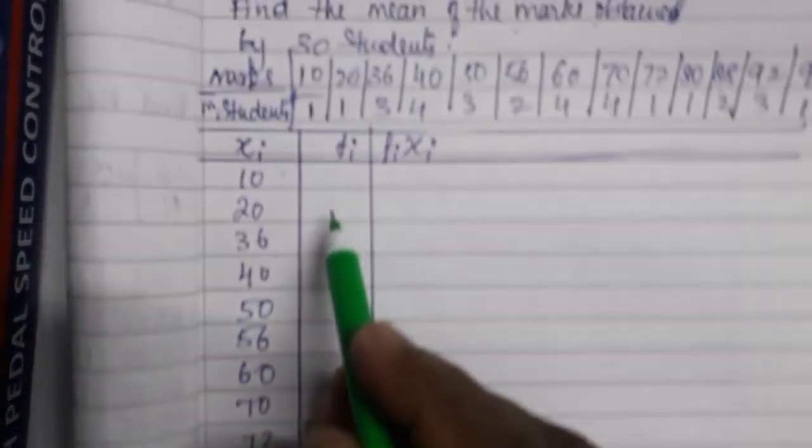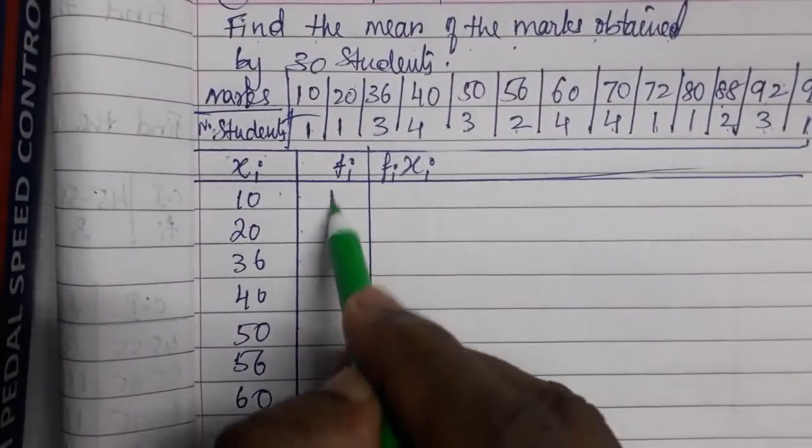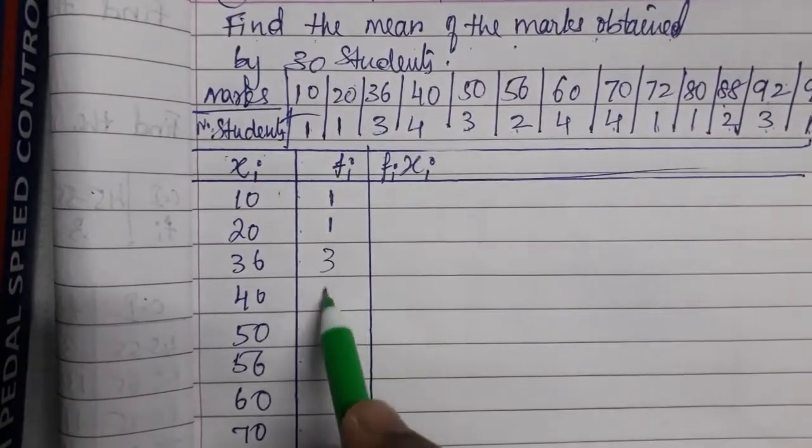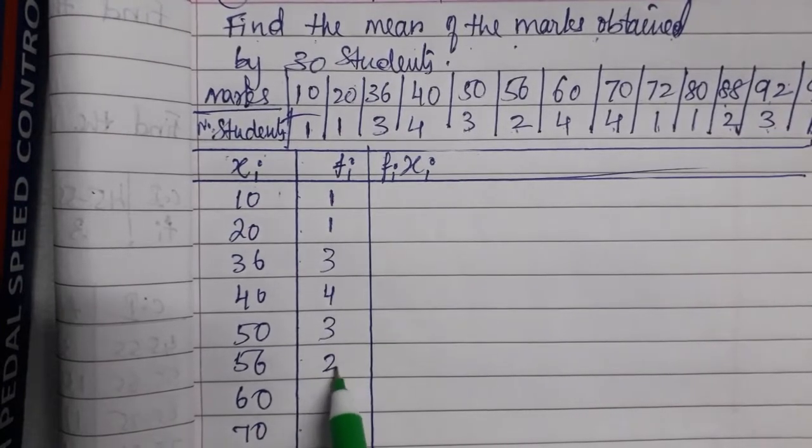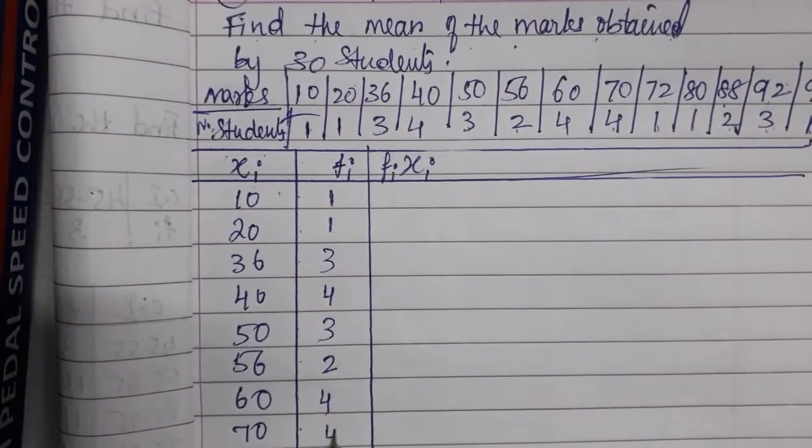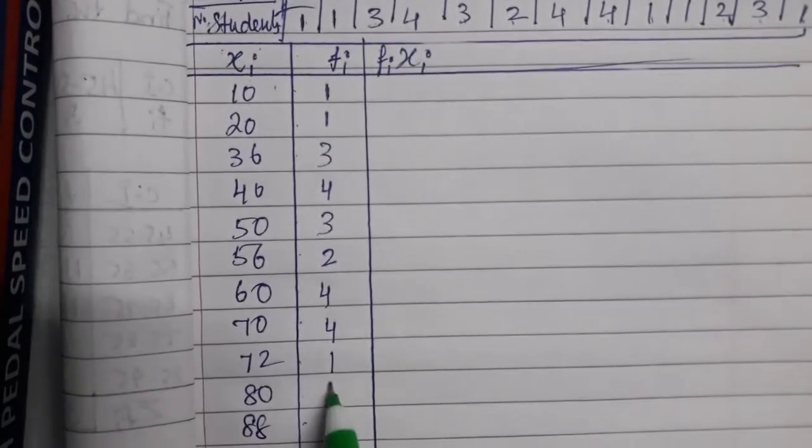Next is frequency. So 1, 1, 3, 4, 3, 2, 4, 4, 1, 1, 2, 3, 1.